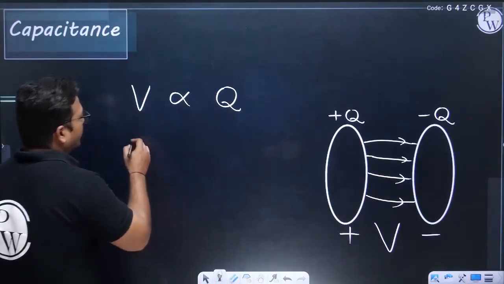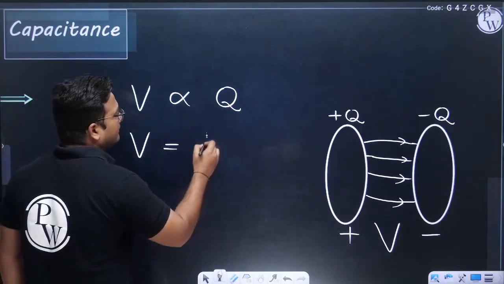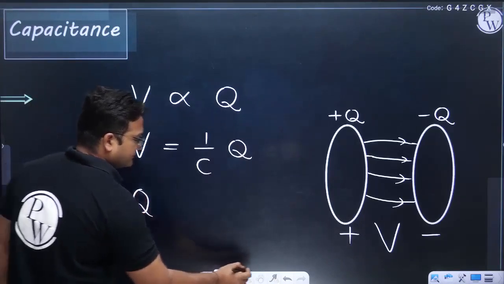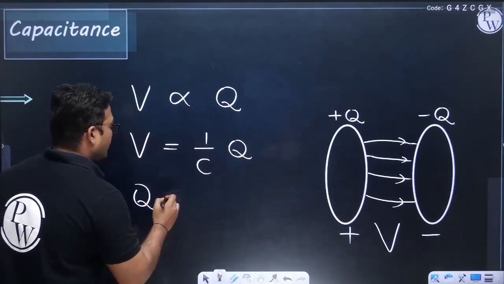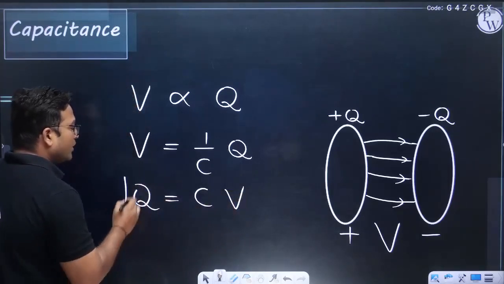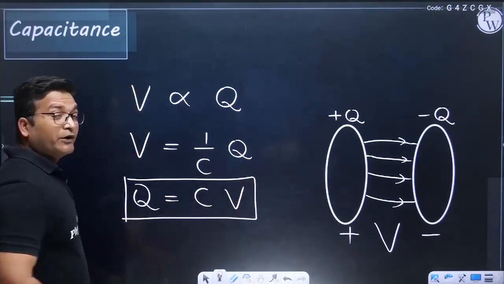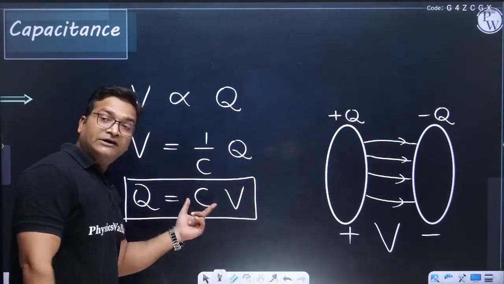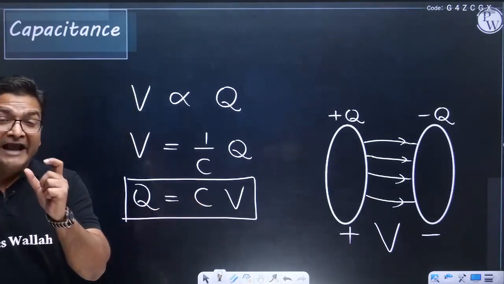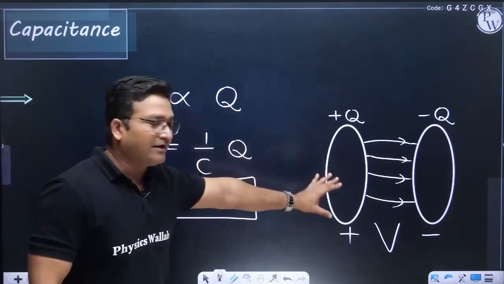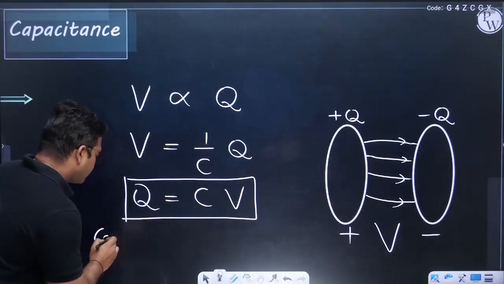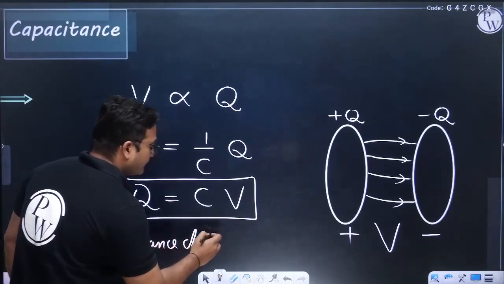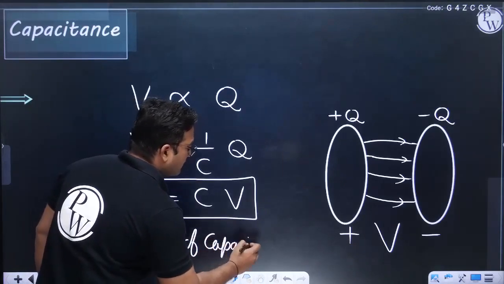And when I use a constant of proportionality 1 upon C, so V equals Q by C, Q becomes C times V. Q is the charge on the capacitor, V is the potential difference between the two plates or two conductors of the capacitor. The constant of proportionality C is called the capacitance of the capacitor.